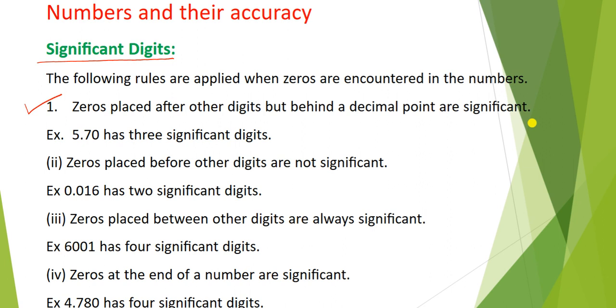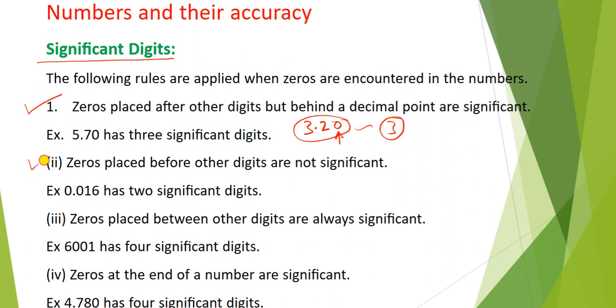For example, take 3.20. Here this zero is a trailing zero, and trailing zeros are significant. So this number contains three significant digits or three significant figures.